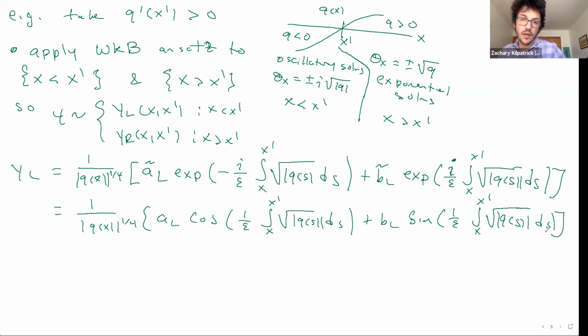So that's our oscillatory solutions on the left, because our functional coefficient is negative in that case. On the right, we're going to have exponential solutions.